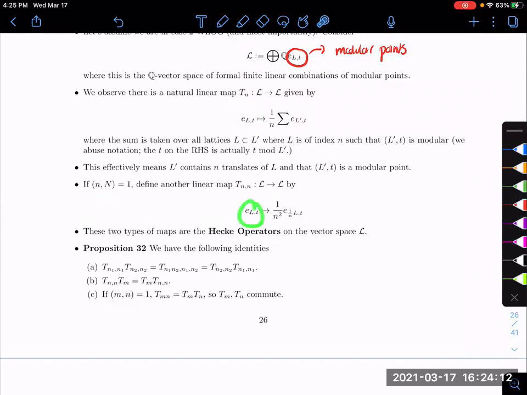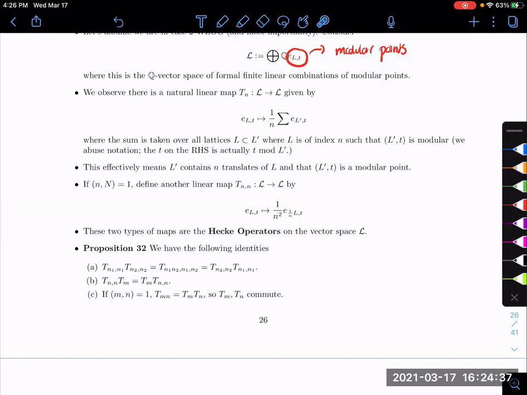It's going to send a modular point E sub (L, T), or (L, T) if you like, to 1 over n squared times E sub (L over n, T). So you're going to divide the lattice by little n. And again, you're going to keep T fixed, and then you're going to multiply the entire thing by 1 over n squared.